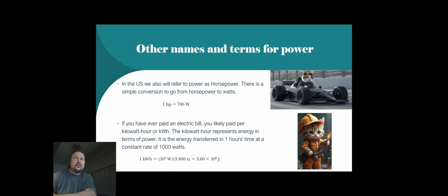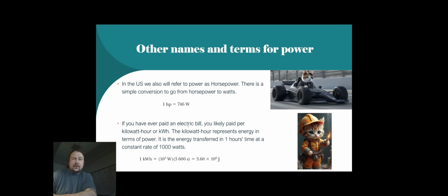We refer to horsepower. There's an easy conversion that we use to go from horsepower to watts. It's an odd number, but 1 horsepower, abbreviated HP, is equal to 746 watts, capital W. This takes you all the way back to chapter 1 to do unit conversions, but you could change horsepower into watts.